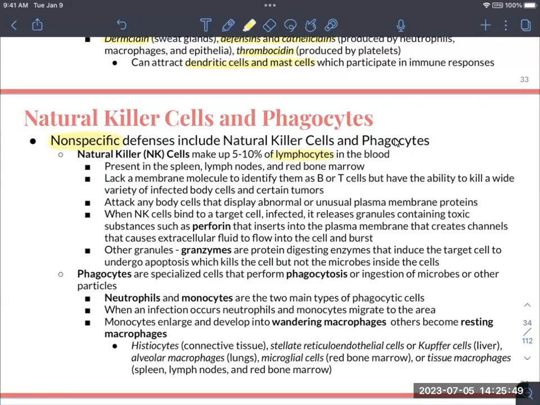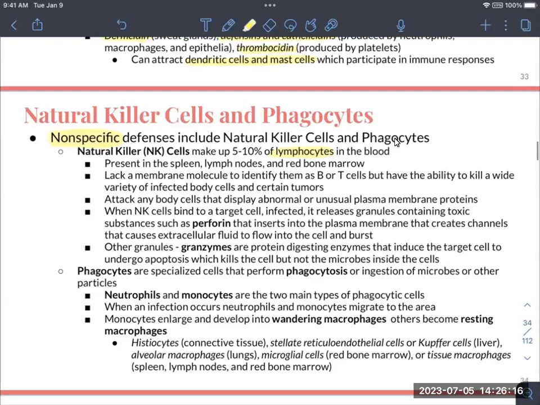They are the first cells usually to that area, and they will go after any pathogen that may have gotten into our system. They are the first ones that come in, the first line in that army that's attacking. Those are those natural killer cells.